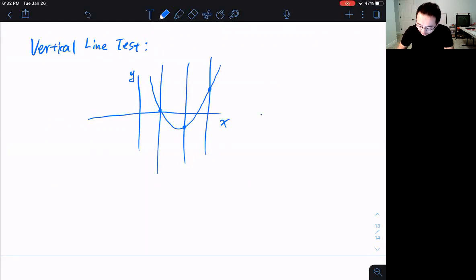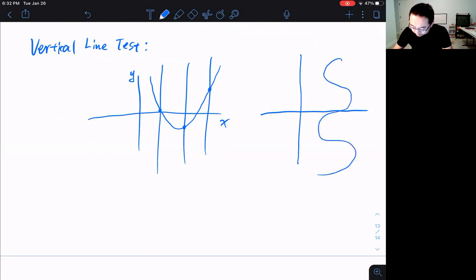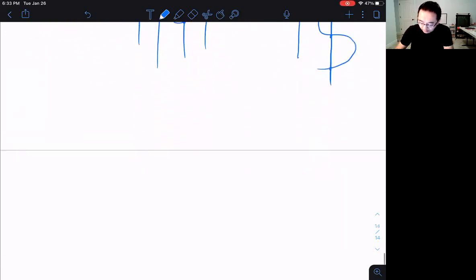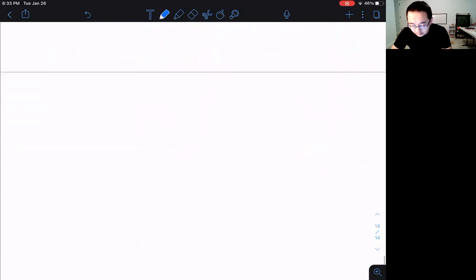But similarly, if you have a graph that looks something like this all the way through, and you draw a vertical line, you can see it intersects with this particular graph at multiple points. Then that means the squiggly line that you have just drawn does not represent a function.